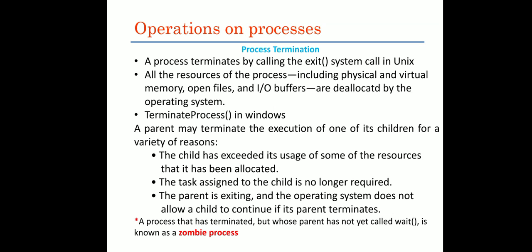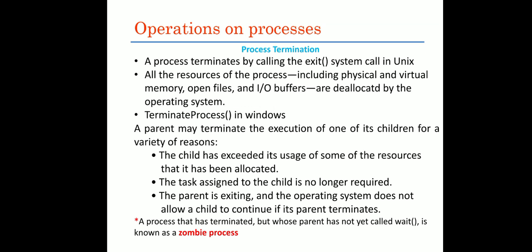The parent process has created the child process because of some task to be done by the child process. If the child process has completed the task assigned to it, then the parent process can terminate that child process. The third reason is the parent is exiting, and the operating system does not allow a child to continue if its parent terminates.